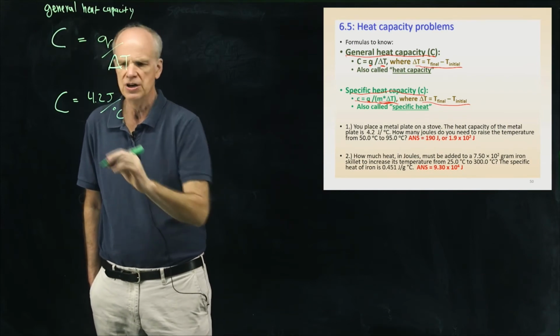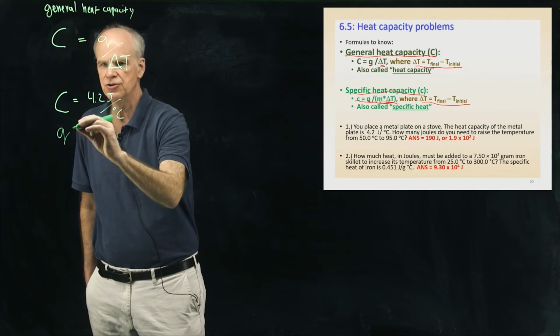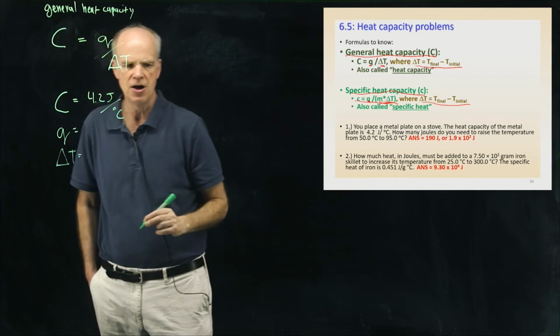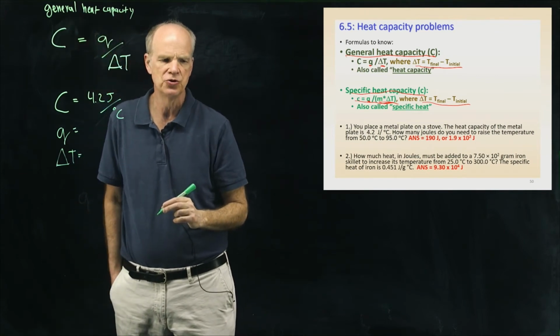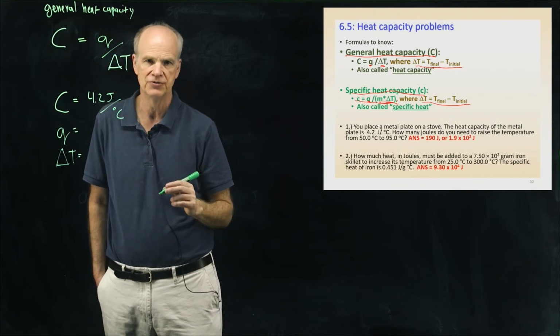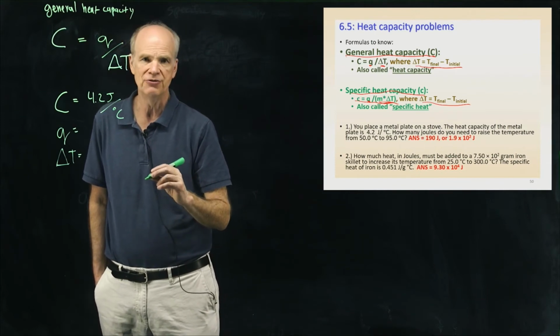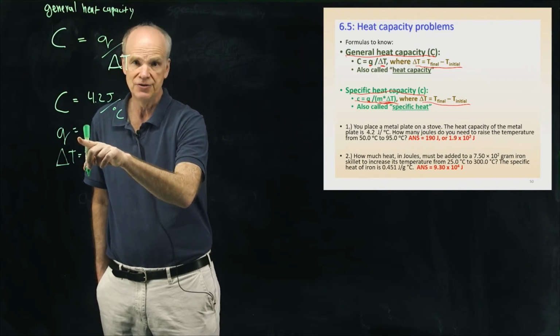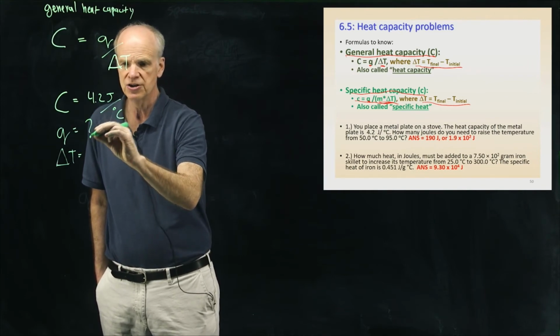Now, we also have to assign Q and delta T. In this problem, it says, how many joules do you need to raise the temperature of this metal a certain amount? So we're trying to find joules, and therefore we're trying to find heat. We are trying to find Q, so I'm going to put a question mark here.